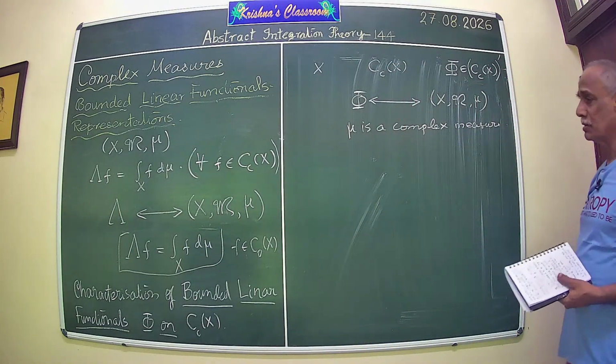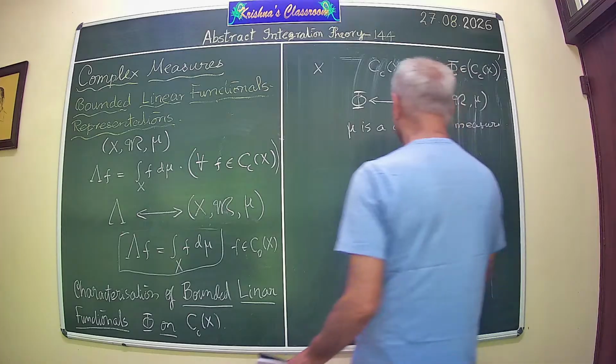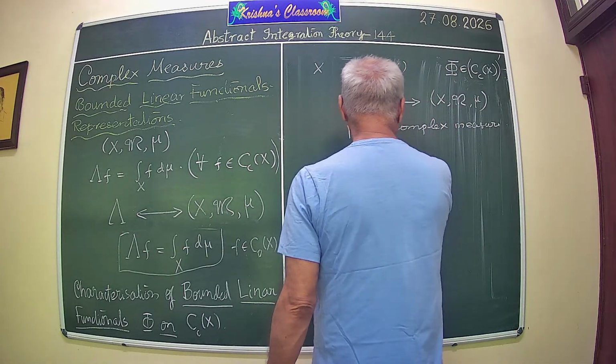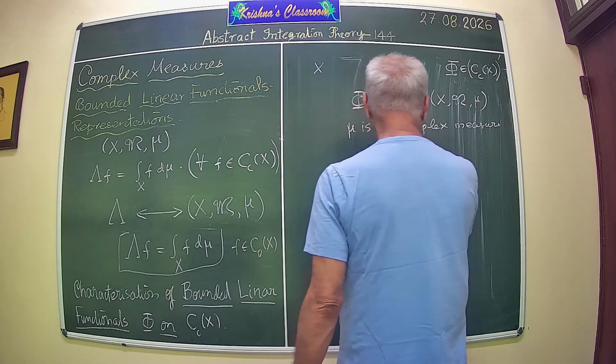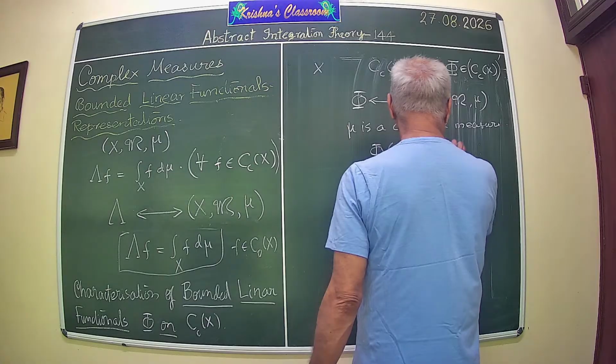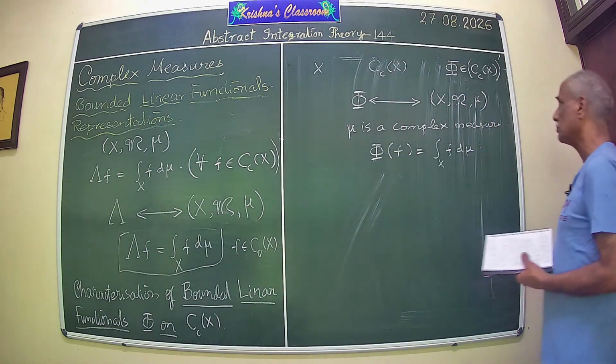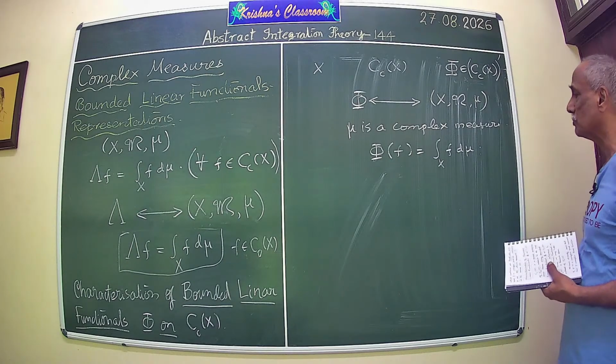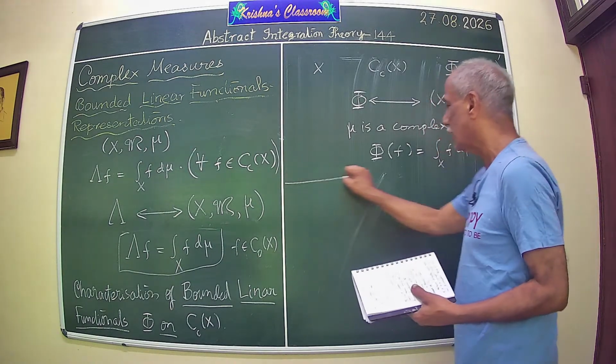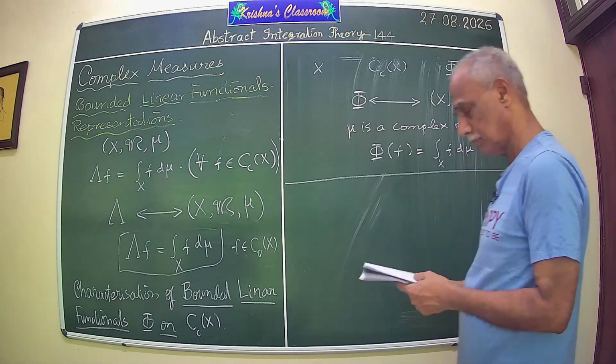And the converse and the representation is through the relation phi of f equals the integral of f d mu. Okay, so this is the content here.